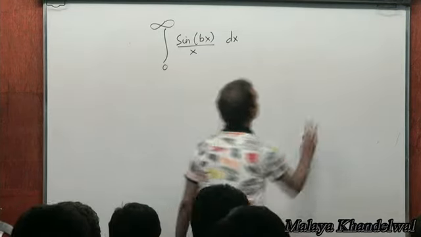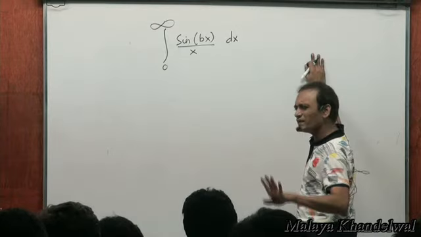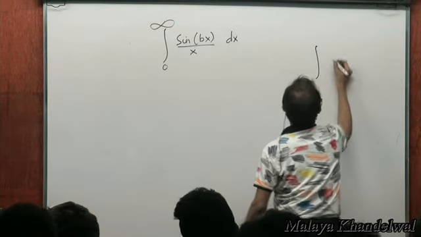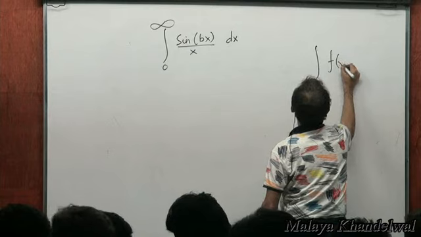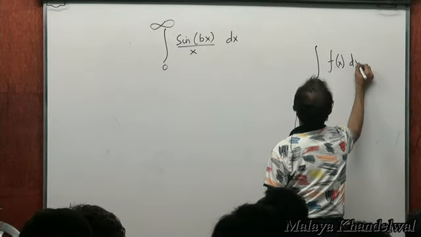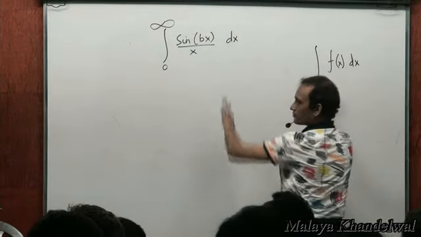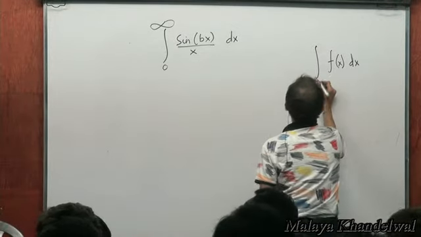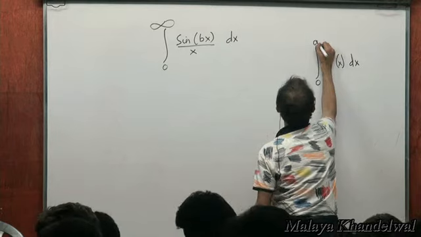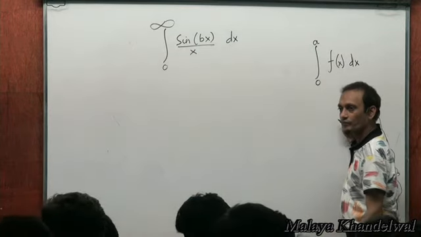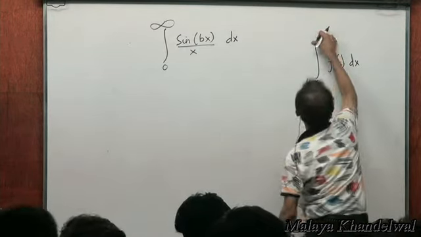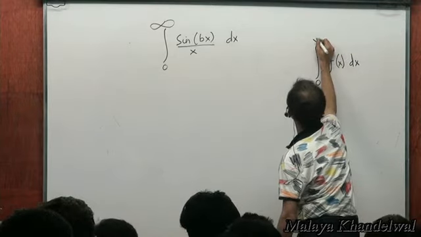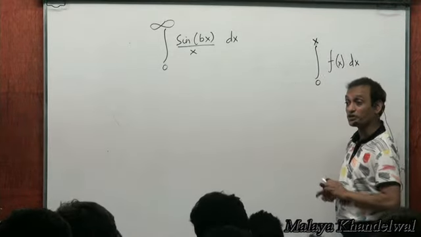Now, one thing let me tell you, if I have integral f(x) dx, but this is besides the point, this one just to add, because I missed out on this, and a is a constant, 0 to a, or let me call it 0 to x, just to tell you the difference.